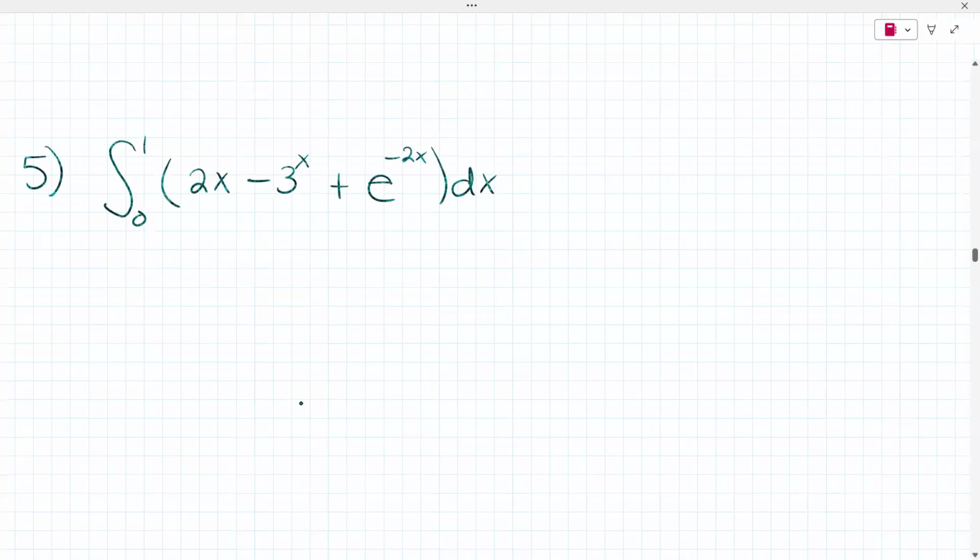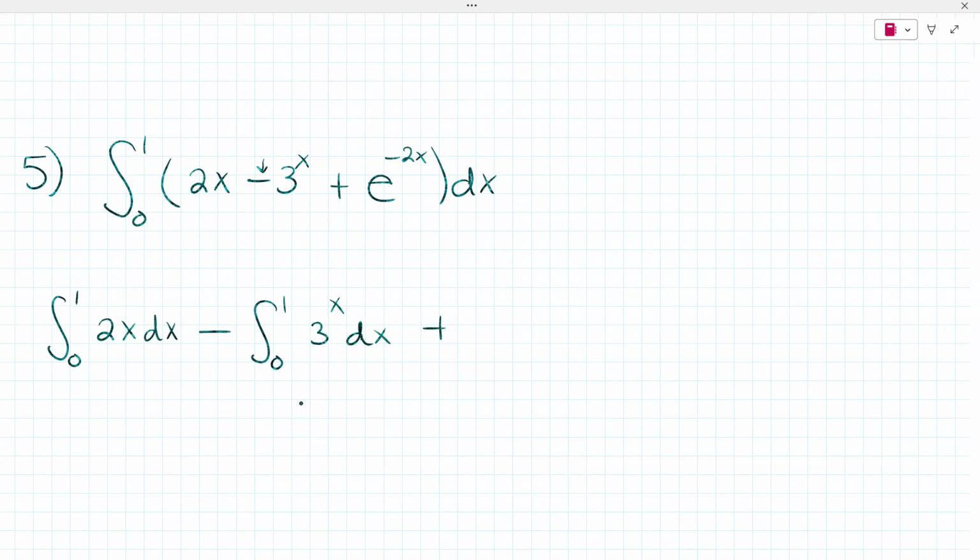This would be the integral from 0 to 1 of 2x dx, minus the integration from 0 to 1 of 3 raised to the x dx, plus the integration from 0 to 1 of e to the negative 2x dx.